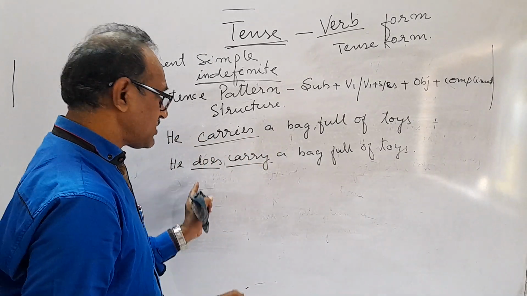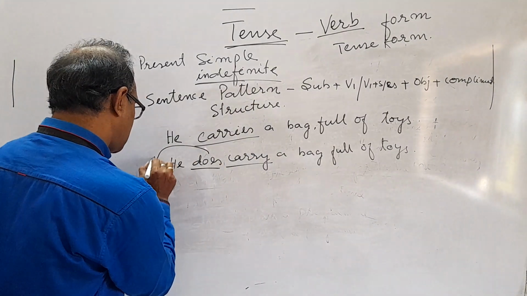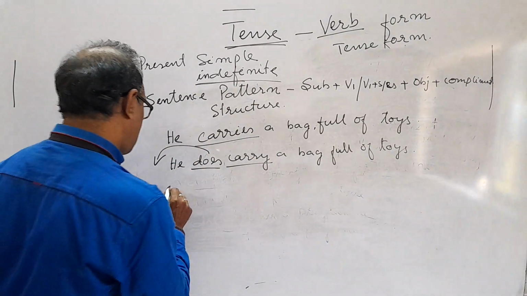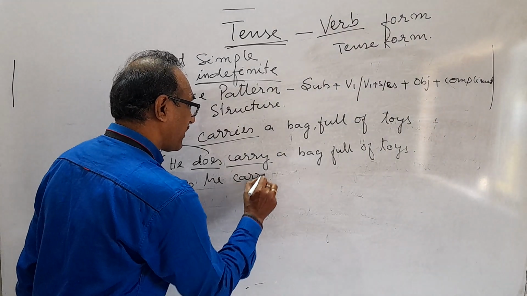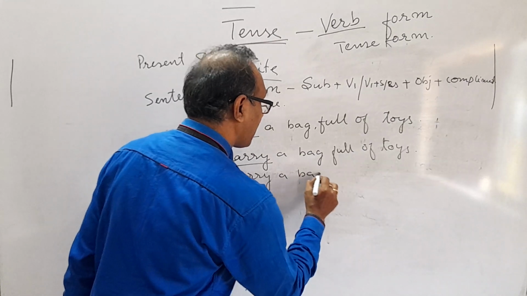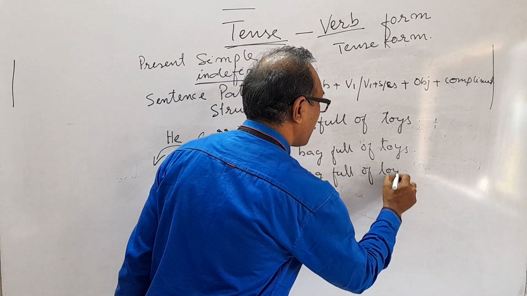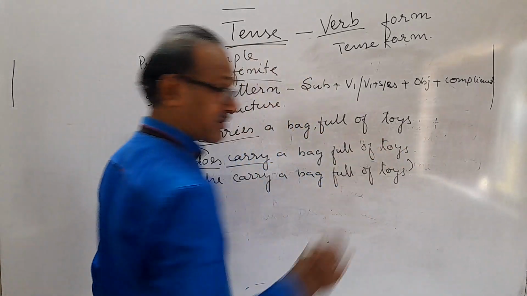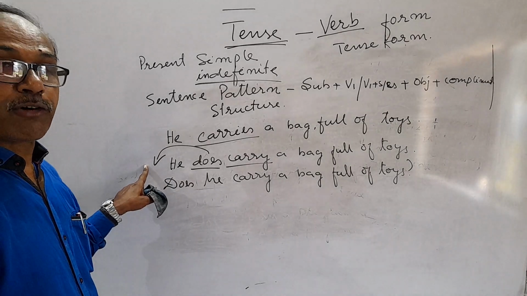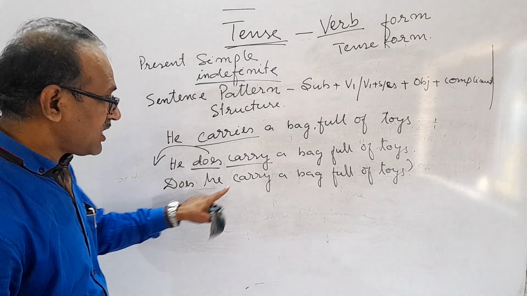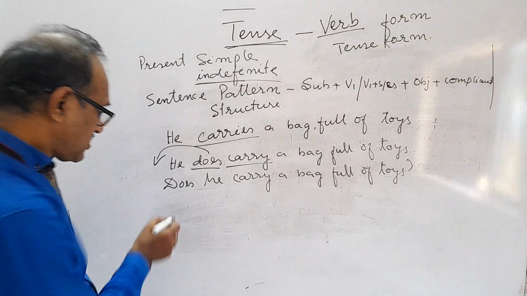When we make this sentence into interrogative, then we should bring this "does" to the front. That is, does he carry a bag full of toys? Question mark. So "does" has to be brought forward. Clear? So this is the principle.